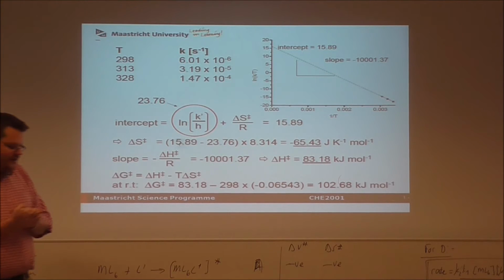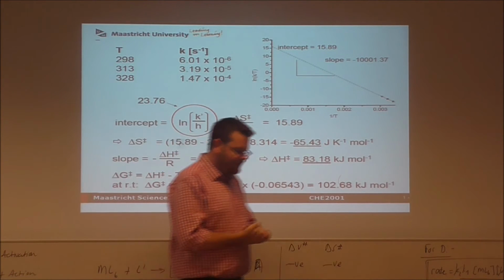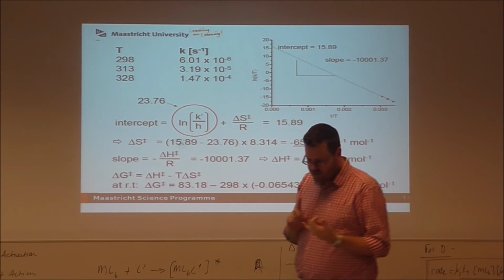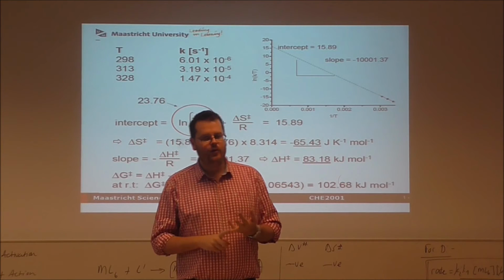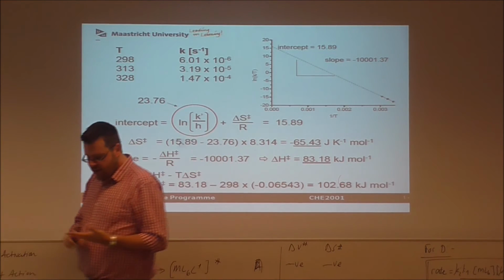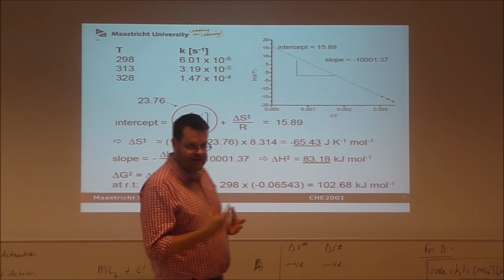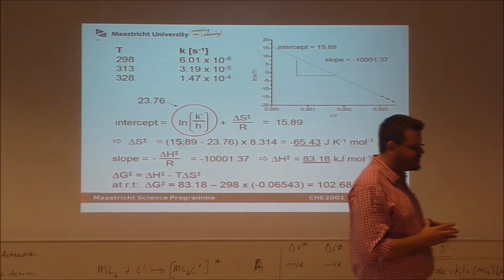All right, so let's just summarize what we've discussed up until now. We've looked at the four mechanisms. We've looked at the rate law governing A, the rate law governing D. We've looked at parameters that indicate what sort of mechanism it's following, particularly delta V, volume of activation, and delta S, entropy of activation.